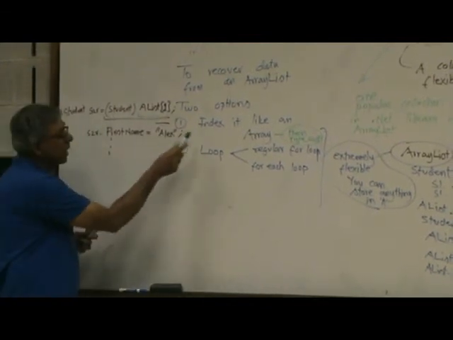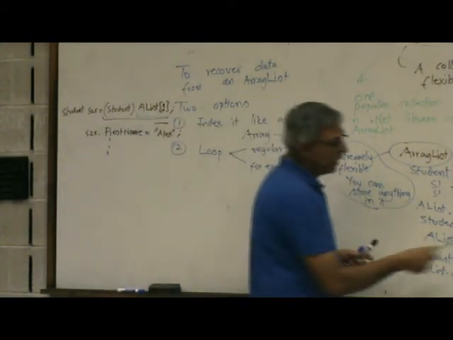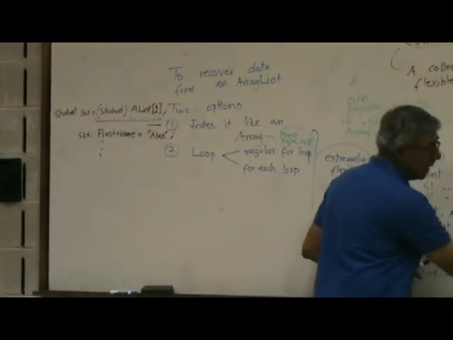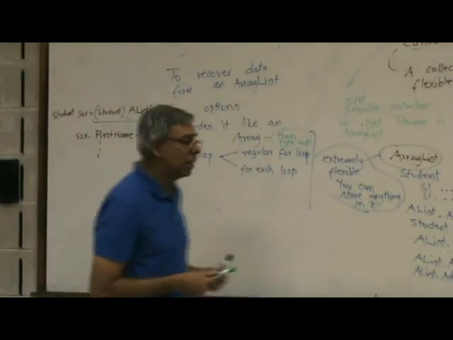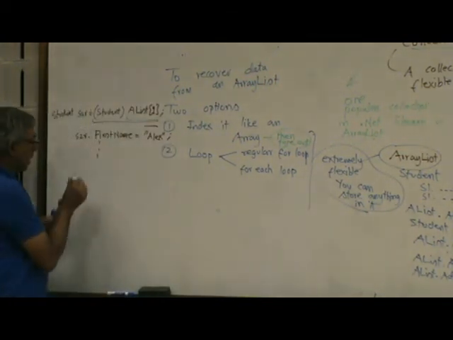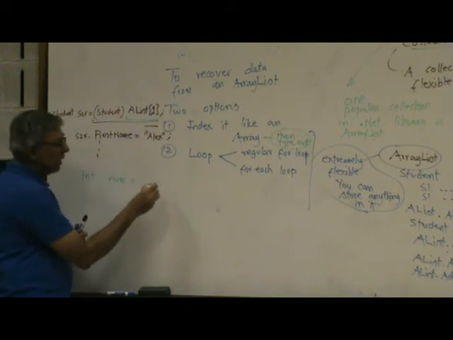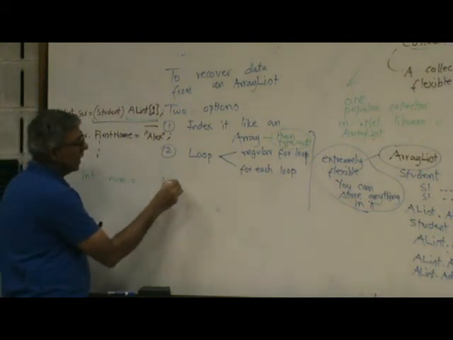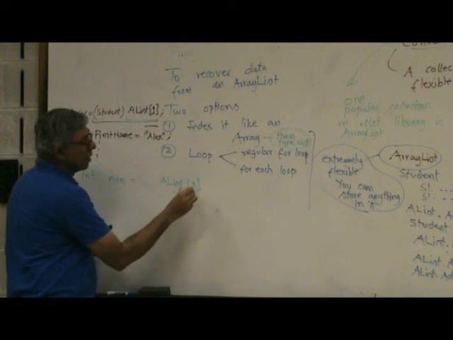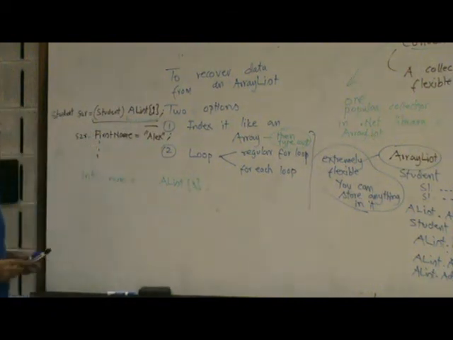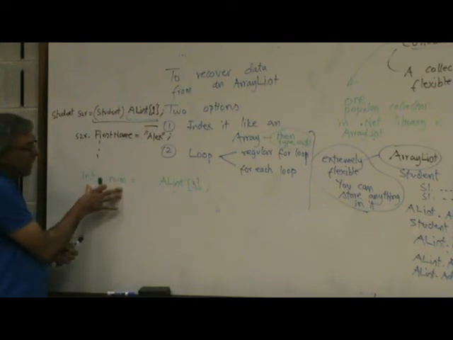Anyway, let's go and try to read the data stored at index position 3, which we know was a number. So you will write some code, something like this, num equal to a list of 3. Will the compiler compile it? What's the data type of the left side?